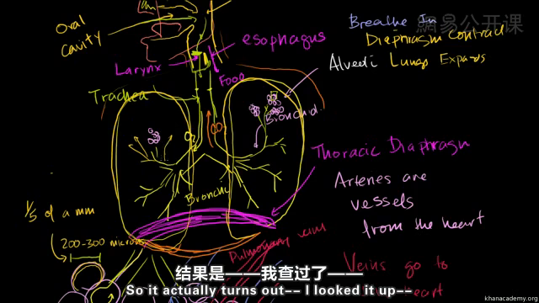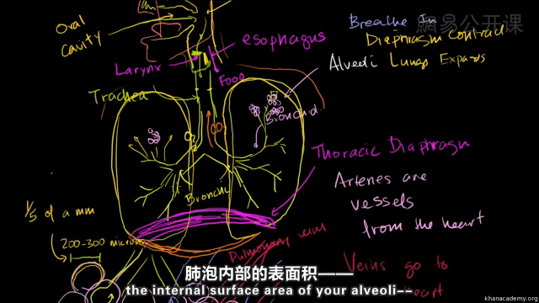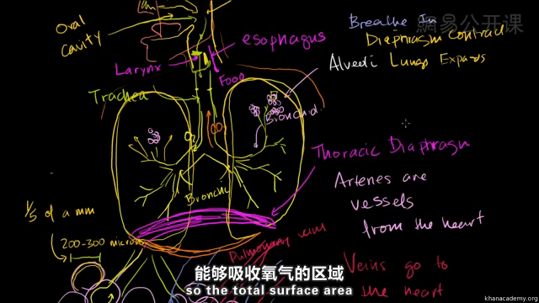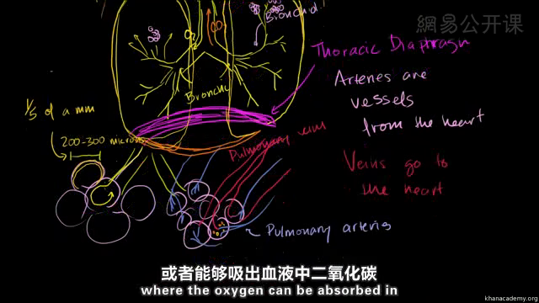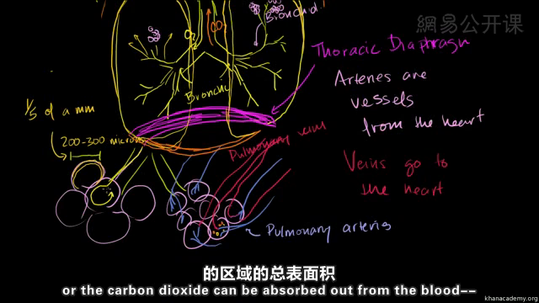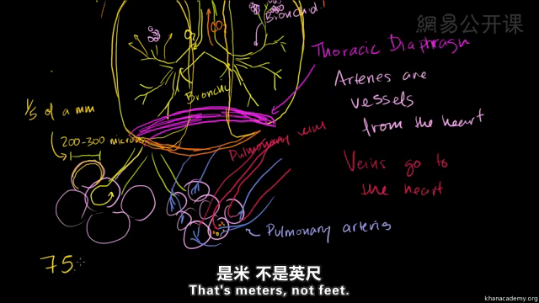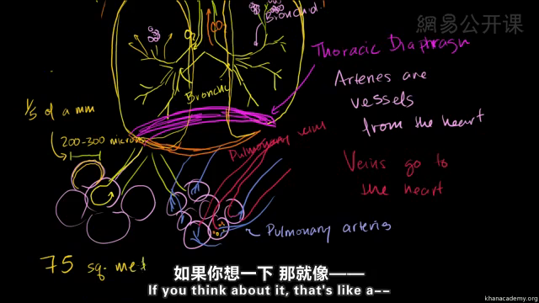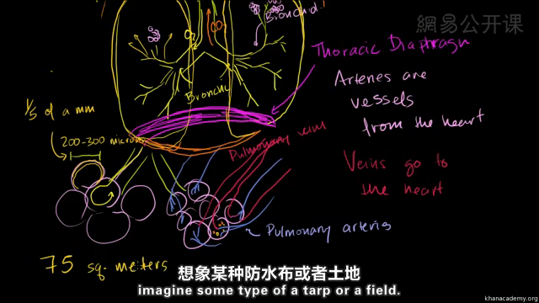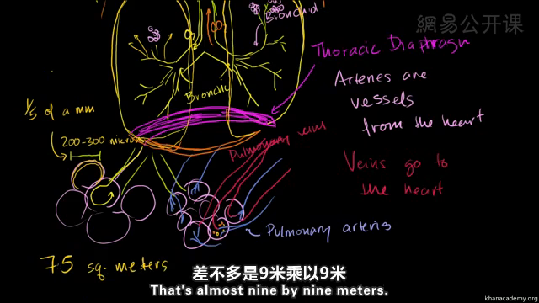So I looked it up, the internal surface area of your alveoli, so the total surface area where the oxygen can be absorbed in or the carbon dioxide can be absorbed out from the blood, is actually 75 square meters. That's meters, not feet. Imagine some type of a tarp or a field. That's almost 9 meters by 9 meters.